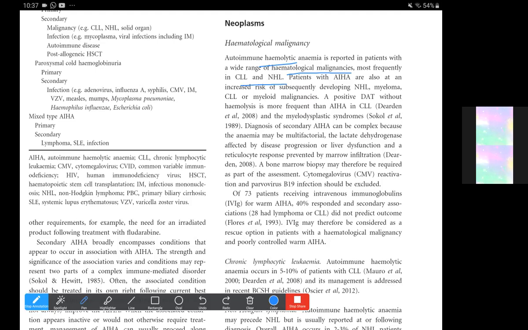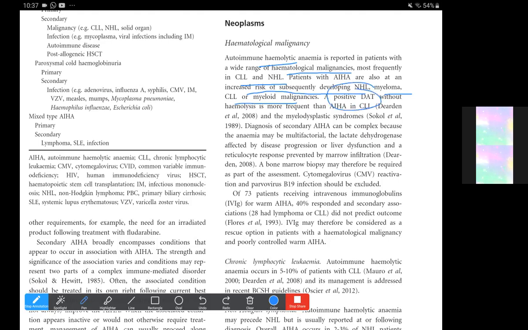These could be associated with autoimmune hemolytic anemias, but also these autoimmune hemolytic anemias could increase the risk of subsequently developing NHL and myeloma. So it's like both ways: autoimmune hemolytic anemias can cause these diseases, and these diseases can also be associated with autoimmune hemolytic anemia.